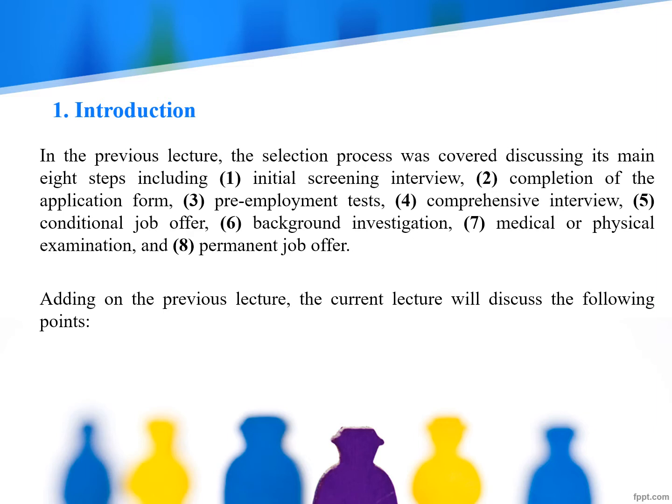In the previous lecture, the selection process was covered, discussing its main 8 steps, which include initial screening interview, completion of the application form, pre-employment tests, comprehensive interview, conditional job offer, background investigation, medical or physical examination, and finally, permanent job offer.